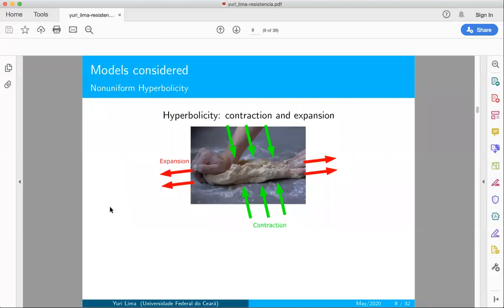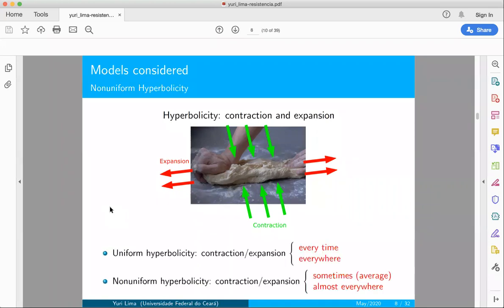I start by saying that hyperbolicity is all about contraction and expansion, just like what a baker does when he's preparing the dough for a bread. He expands and contracts the dough many times. In this simple example, you can regard uniform hyperbolicity as what an ideal baker would do, and non-uniform hyperbolicity as what a real baker does.